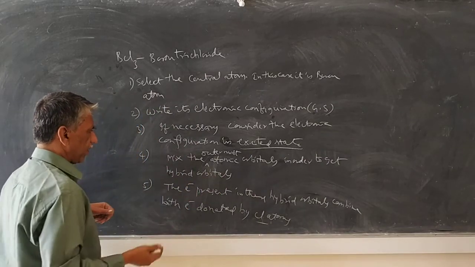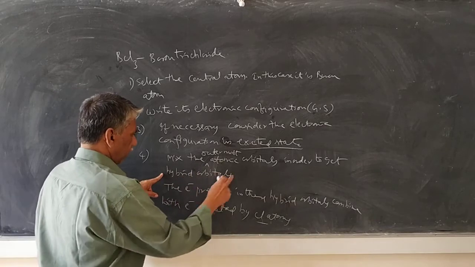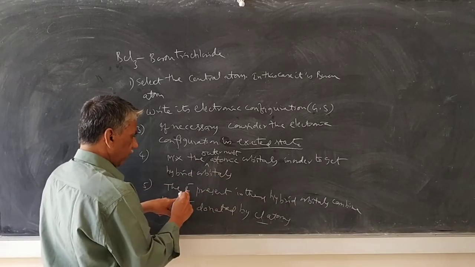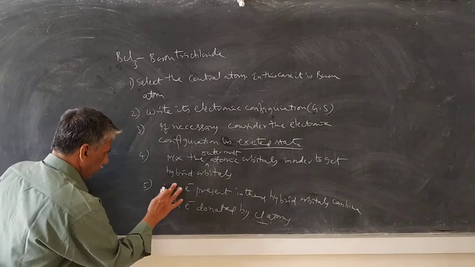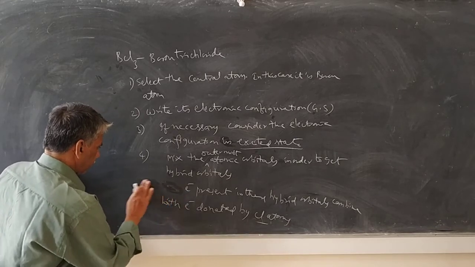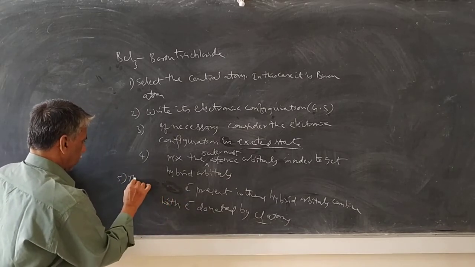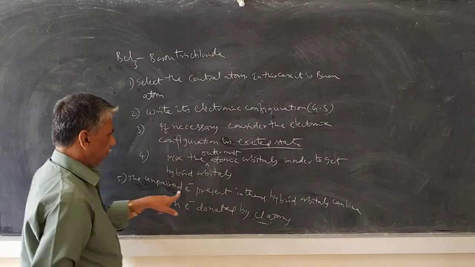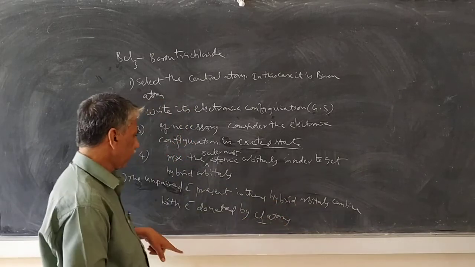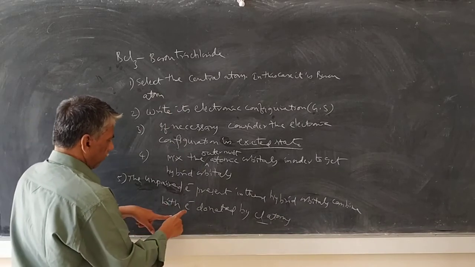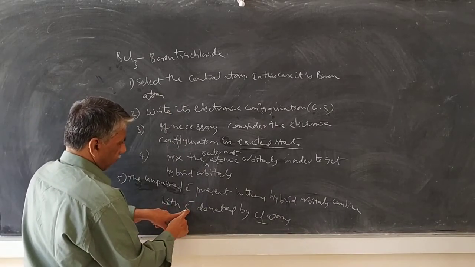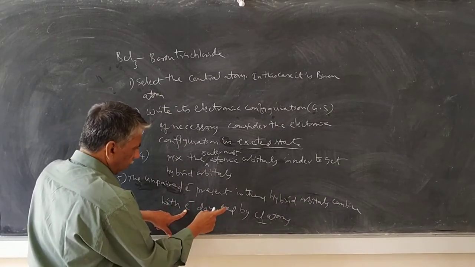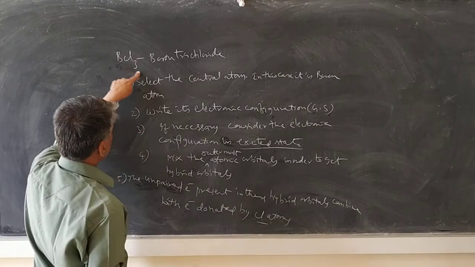After getting the hybrid orbitals, these hybrid orbitals contain unpaired electrons. So you can write here the unpaired electrons present in these hybrid orbitals combine with the electrons donated by Cl atoms.